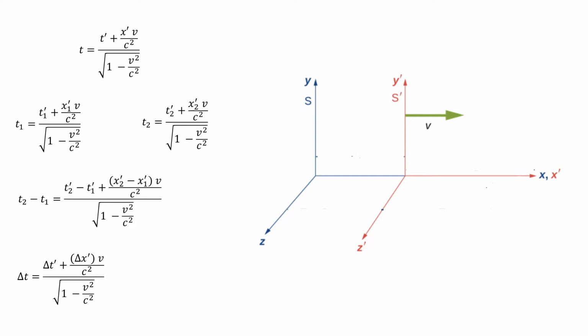We take the difference, and then we get t2 minus t1 in terms of t2 prime minus t1 prime and x2 prime minus x1 prime. t2 minus t1 is delta t, t2 prime minus t1 prime is delta t prime, and x2 prime minus x1 prime is delta x prime, where delta t is the time interval between the two events as measured in frame S, delta t prime is the time interval between the events as measured by frame S prime, and delta x prime is the difference in x coordinates of the two events as measured by frame S prime.